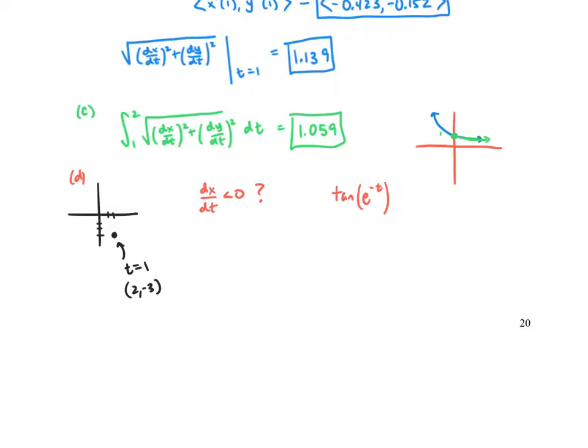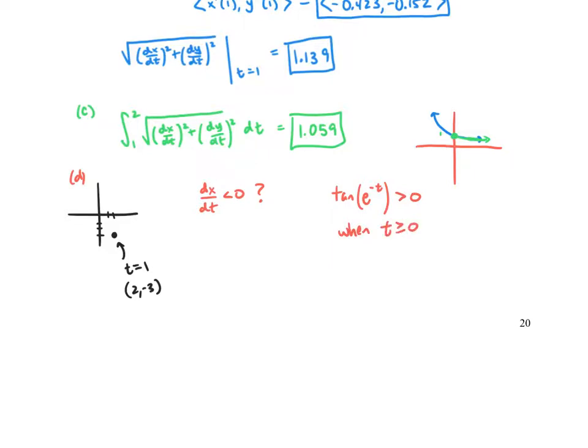So if you think back to the tangent graph, if you were to substitute in values that were between 0 and 1, you would have a positive set of values. So in other words, this is greater than 0 when t is greater than or equal to 0.